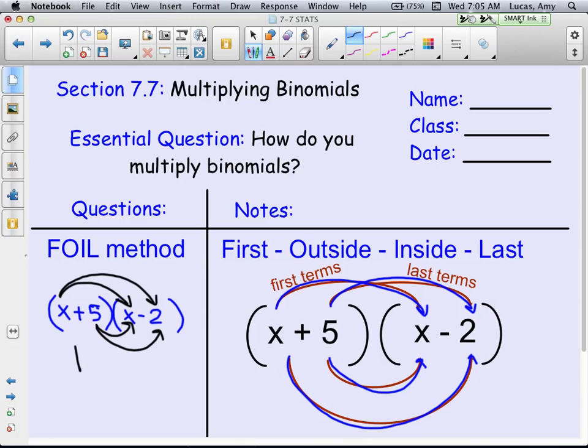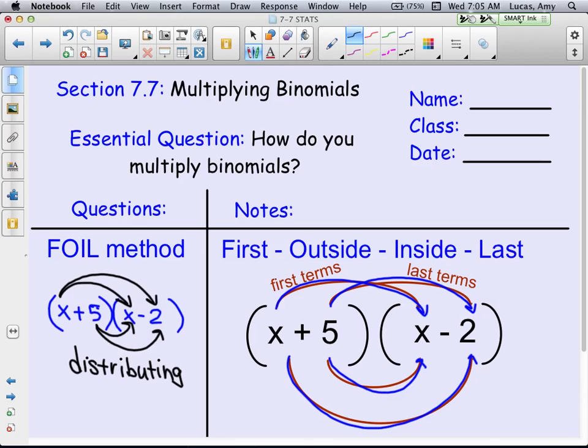So that would be FOIL, but connecting them using the distributive property instead. So either way you connect them, using the distributive property, distributing first the x, then the 5, or making the smiley face, either way you're using FOIL to get all 4 of your products.